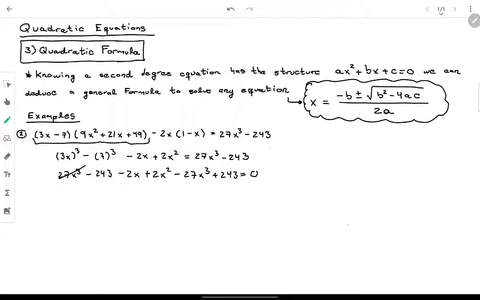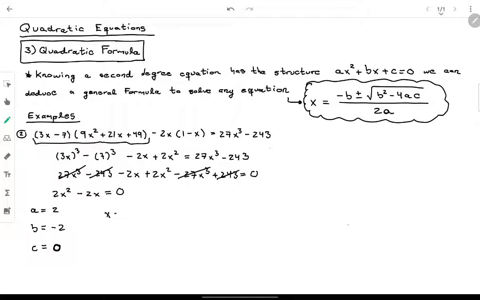That means this one with this one can simplify, this one with this one, so we will have only 2x squared minus 2x equals 0. That means a has a value of 2, b has a value of minus 2, and c has a value of 0. So what happens in this case? We can use the general formula to solve the equation.